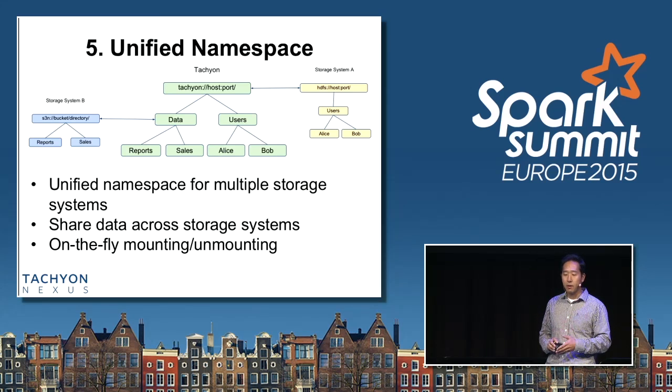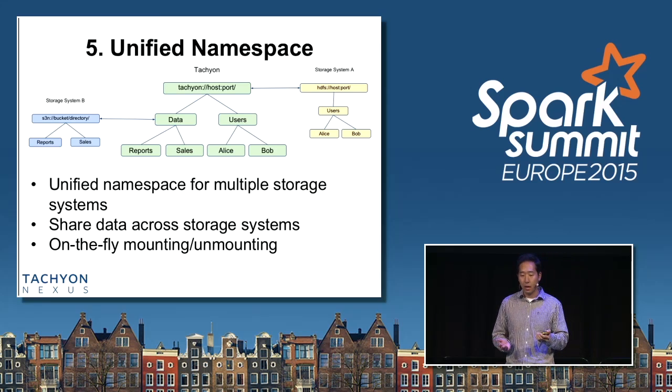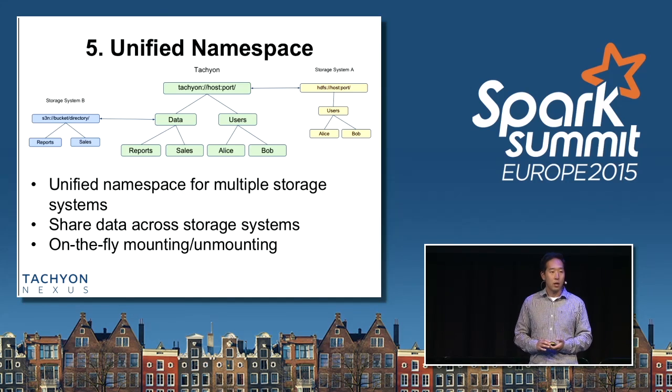Whereas in the Tachyon namespace, the data folder is actually mounted from some S3 bucket. So the data folder in Tachyon is being mirrored by some S3 bucket. Being able to mount multiple storage systems in the same Tachyon namespace is a new feature in Tachyon.